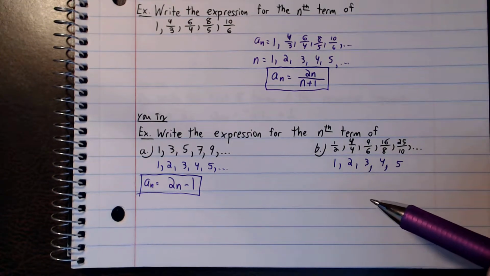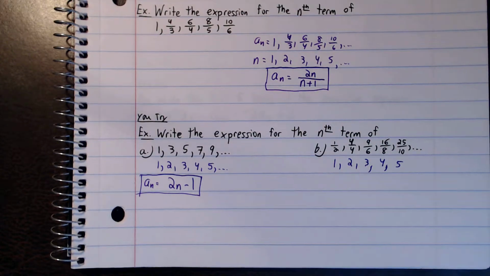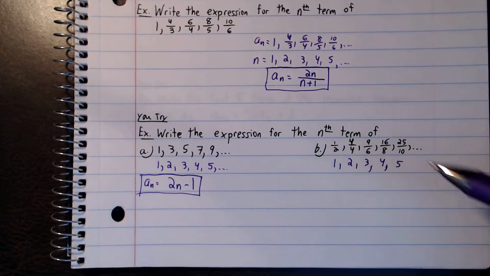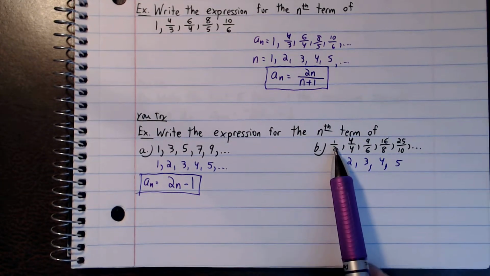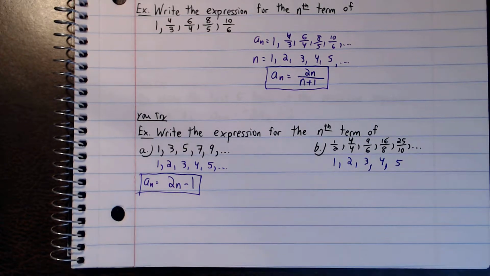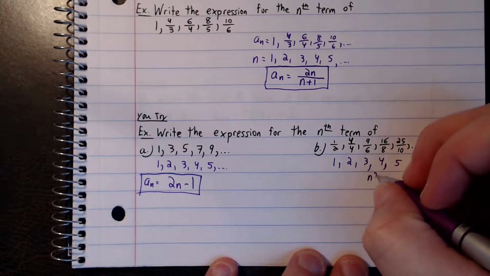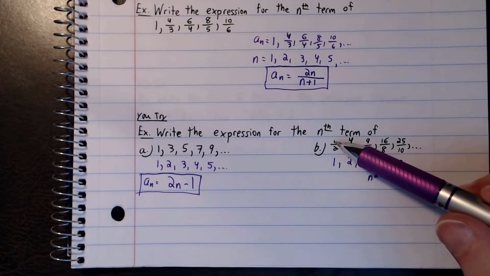What I'm noticing, especially because I have fractions, is that I'm going to look at the first term. Let's see what we've got going on. On top, I've got 1, 4, 9, 16, 25. That should go off right away in our heads as perfect squares. And it's the position as well. First position would be 1 squared.